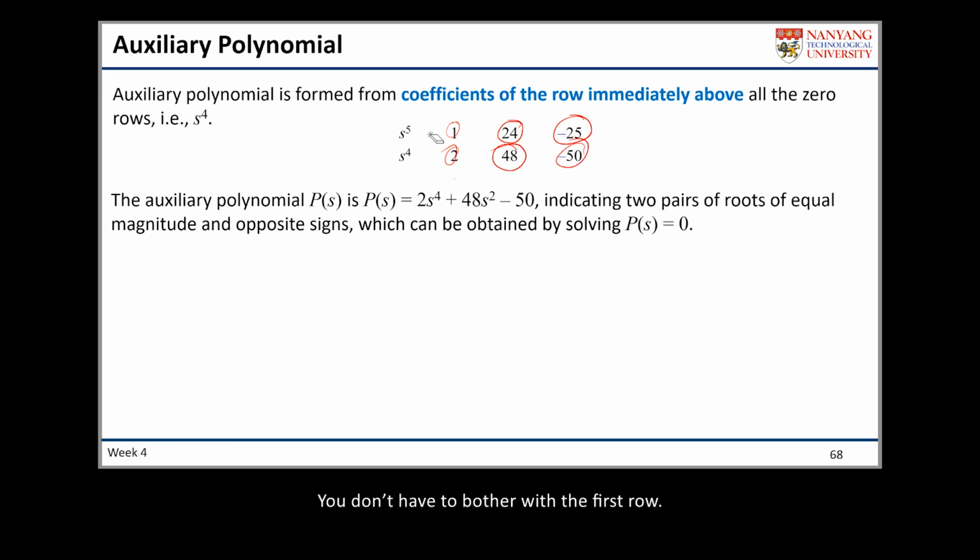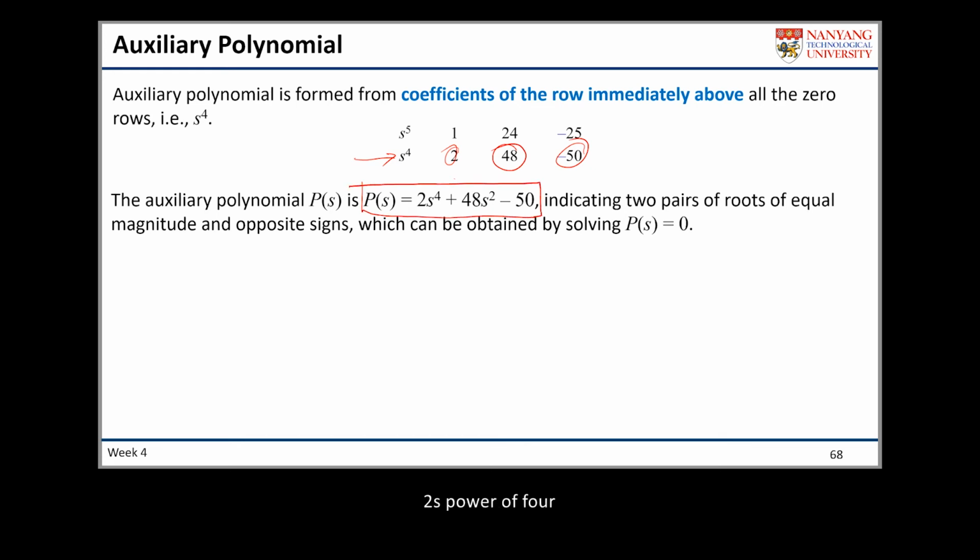You don't have to bother with the first row. You form the auxiliary polynomial only from this row, the row immediately above the all-zero row. So remember again, 2 is coming from what? From s to the power of 4. 48 is coming from what? It's from s squared. And negative 50 is the constant coefficient. So in that case, your auxiliary polynomial will be like this.